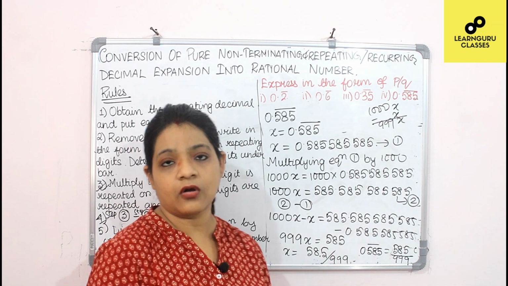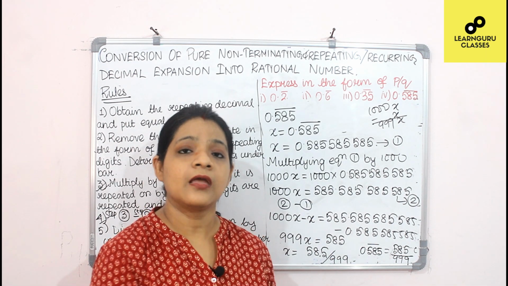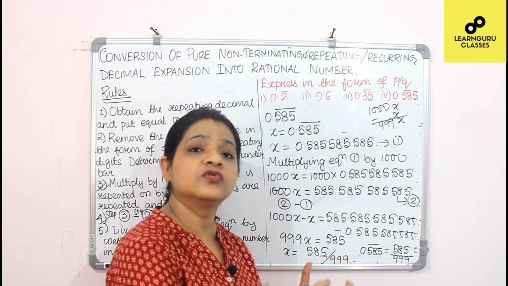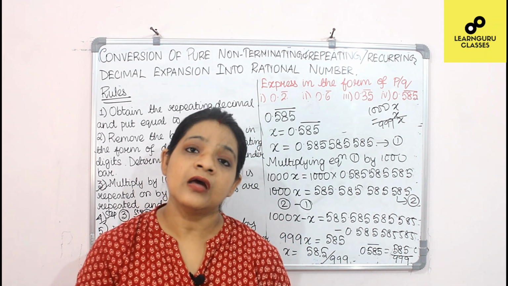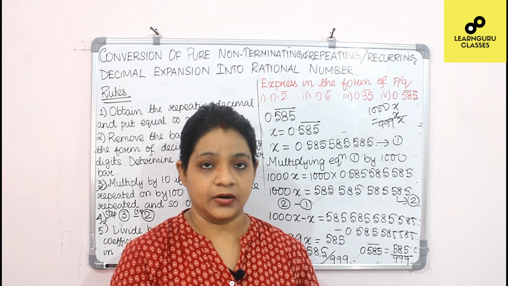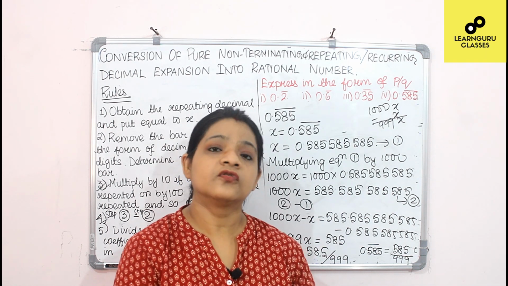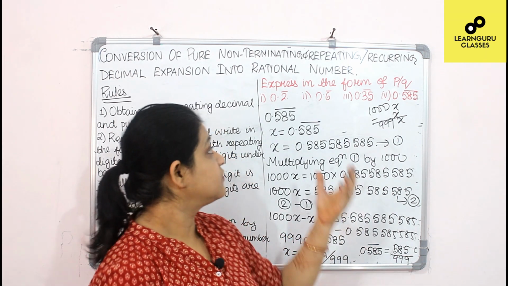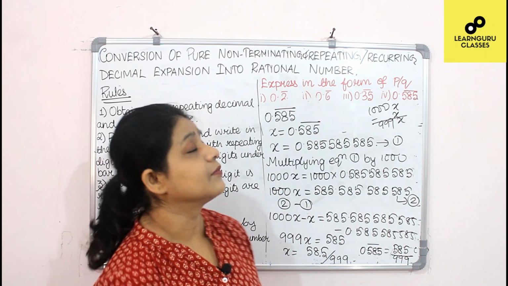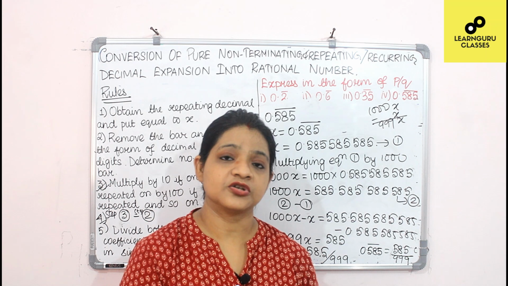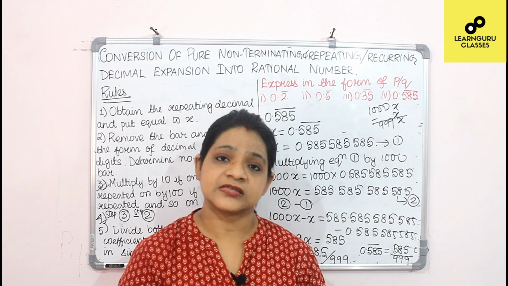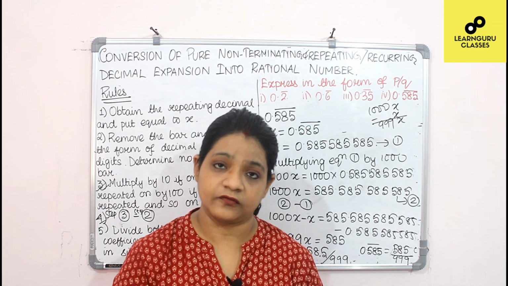After that, go for cross multiplication or multiply both sides by the coefficient of x, and this will give you the required rational number. This is how we solve problems of pure recurring decimal expansion.